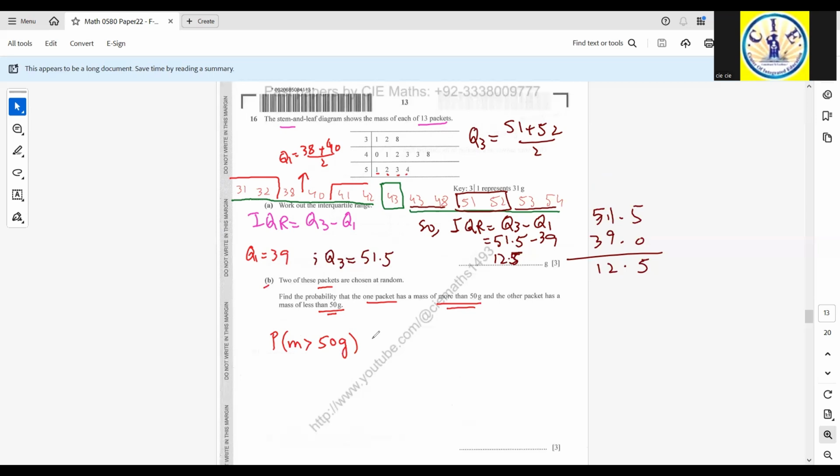These 4 packets. So this is 4 divided by 13. And for the probability of mass less than 50 grams, that is for the remaining 9 packets. So this is 9 divided by 13.